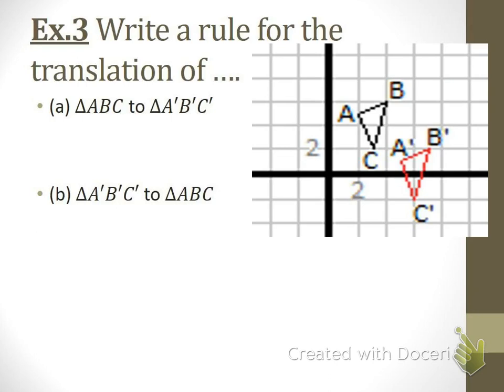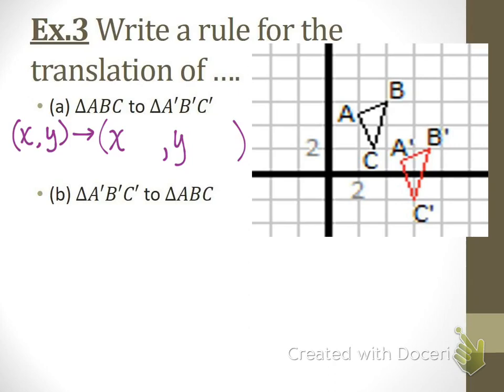So we always know that if we're writing a rule for translations, we start off with X, comma, Y, arrow. That's how we say X, Y are going to this new place. And of course we'll have X, something will happen to it, comma, Y, something will happen to it. It's up to us to figure out what happens to those coordinates.